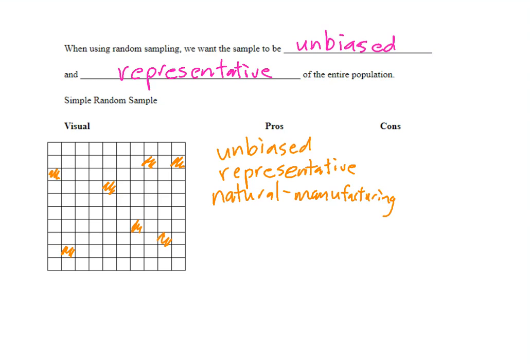But some cons to it: a basic simple random sample can be expensive depending on how large the population is and how many samples you're taking. Very time consuming, because there's no real system in place.